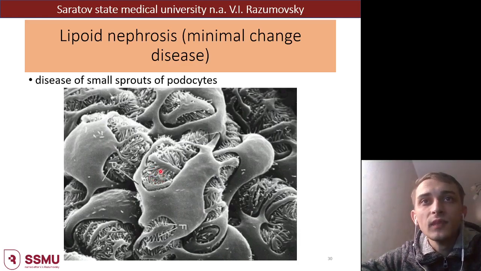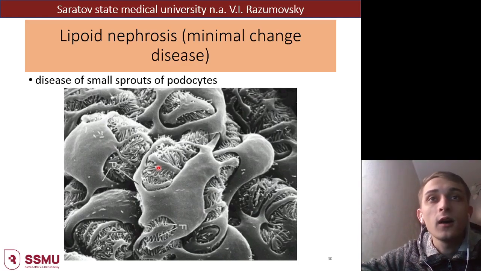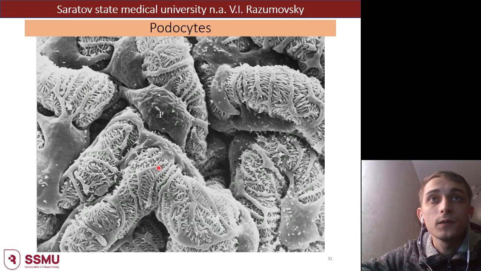In case of damage of small pods, we may see appearance of abnormal products in the urine. For example, it may be fats, proteins, or some other substances. But the most typical and most important for us is fats accumulation.